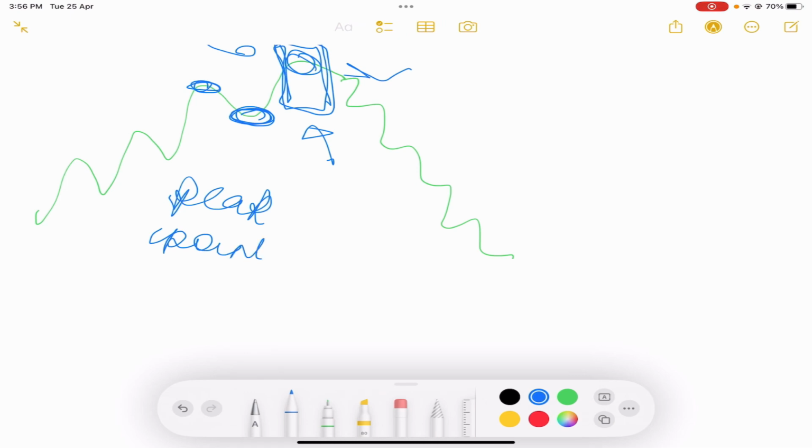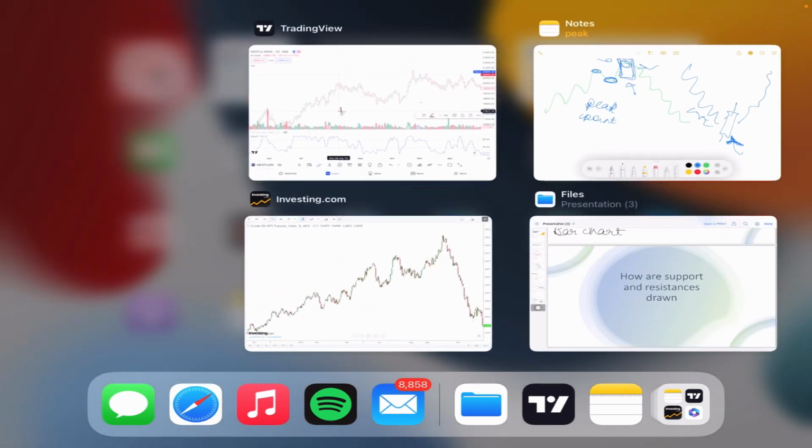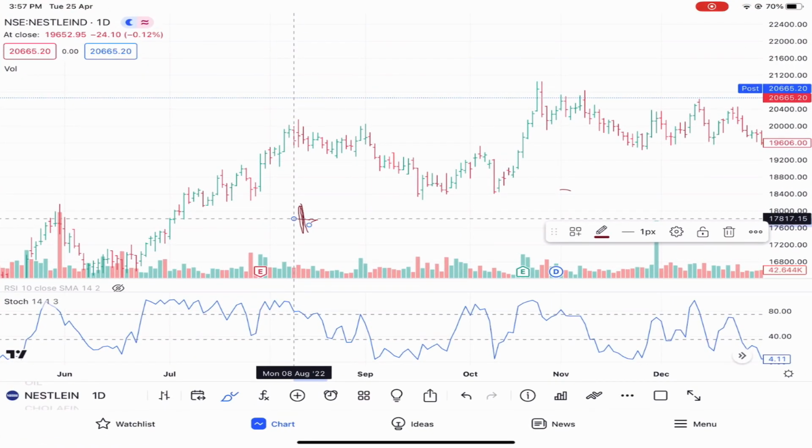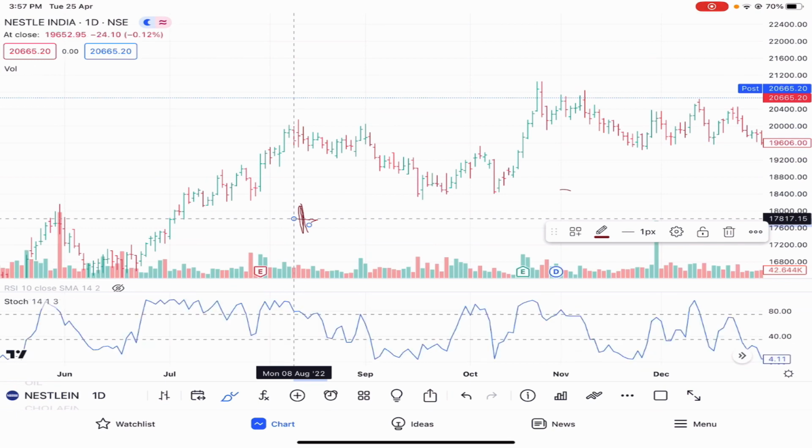Very understandable. Now if I have to go to a trough point, and if I think it's going to reverse from here, then this point should have highs and lows both lower than my previous candles. So how am I going to do that? Now if I look at the chart, let me get an example.